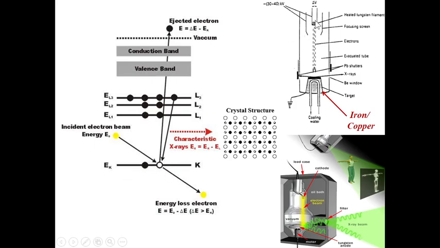The high energy electron is bombarded on the iron or copper target, the core electron is ejected, and X-ray is produced. This X-ray is used to determine the crystal structure or characterization of the crystal of a material.